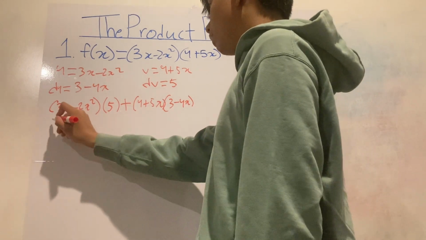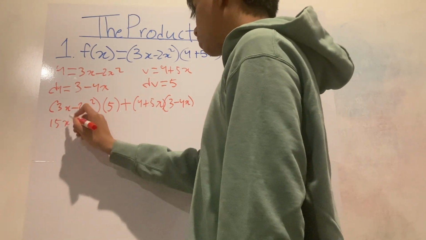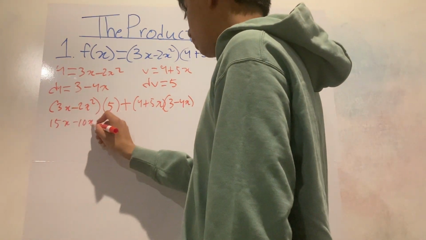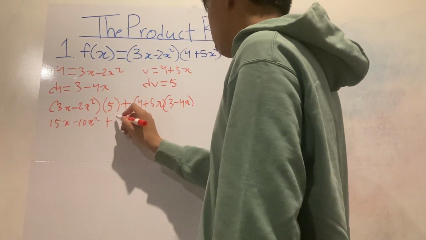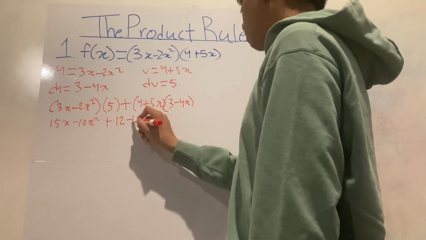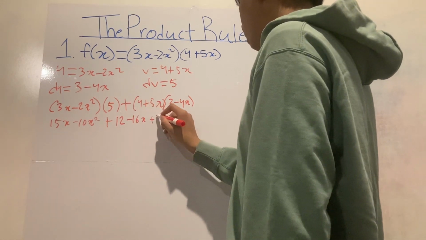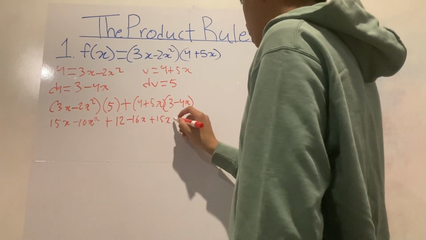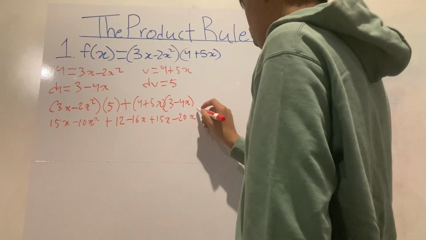So 15x minus 10x squared plus 12 minus 16x plus 15x minus 20x squared.